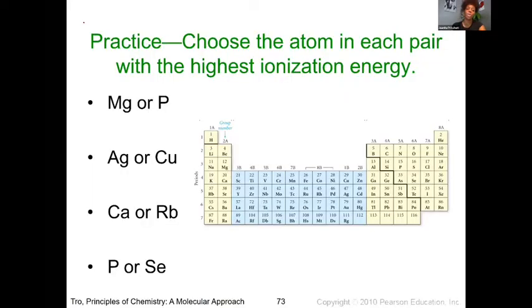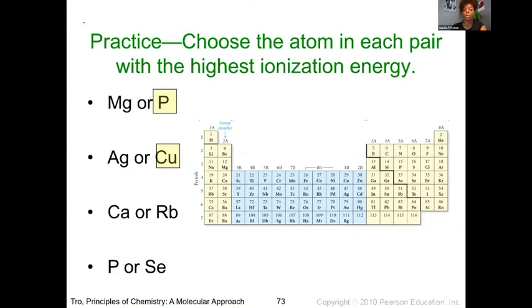Here we want to choose the pair that would have the highest ionization energy. Between magnesium and phosphorus, phosphorus should have the highest ionization energy because it's found further to the right. Between silver and copper, we would think copper would have the highest ionization energy because its valence electrons are closer to the nucleus.